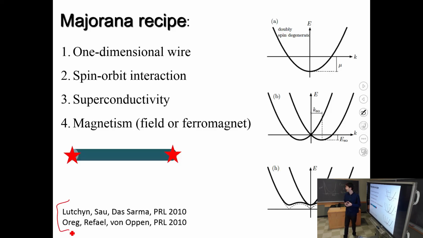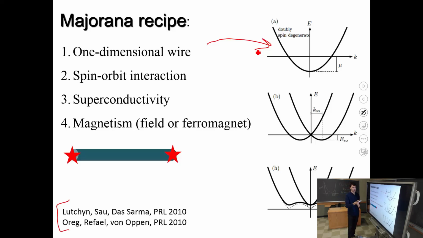One-dimensional wire, right? So this is certainly along the lines of what Kitaev was thinking about. This is a one-dimensional system, and a one-dimensional system is characterized simply by this dispersion relation here. So momentum versus energy is just a parabola. Electrons living in a one-dimensional wire are just living in this parabola.